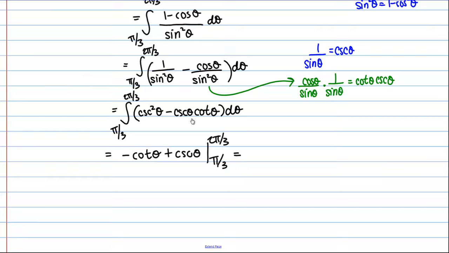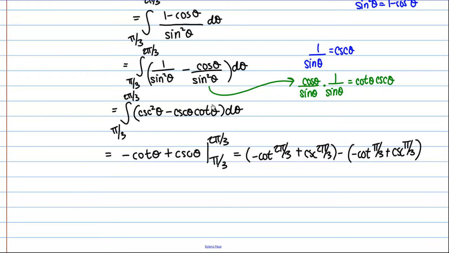So I just finished by plugging in these bounds. So negative cotangent of 2 pi over 3 plus cosecant of 2 pi over 3 minus the quantity negative cotangent of pi over 3 minus cosecant of pi over 3. That is plus cosecant of pi over 3.